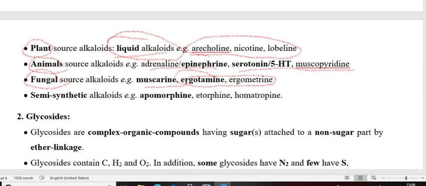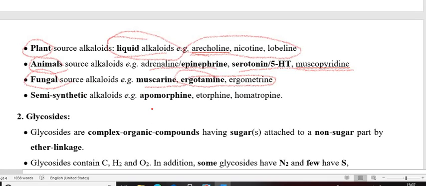These two are very important alkaloids isolated from fungus, which produce toxicity in animals. So this is a very good example of alkaloids which produce toxicity in animals: ergotamine, ergometrine, and also muscarine.